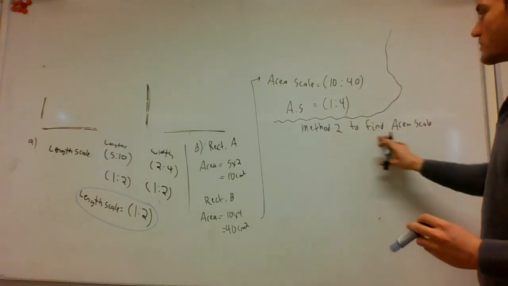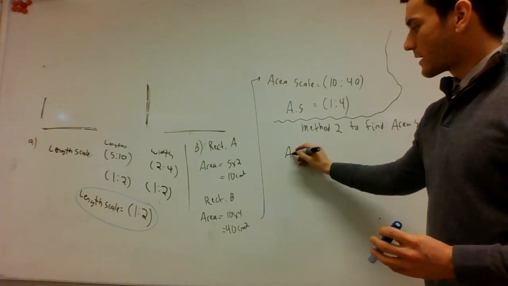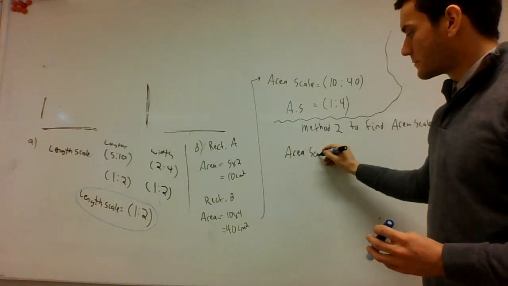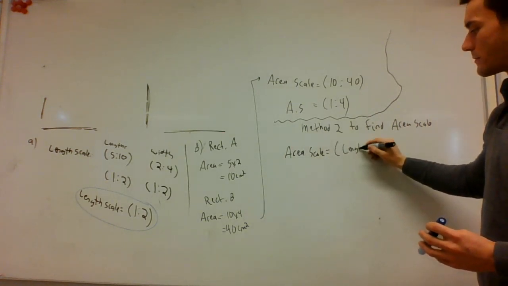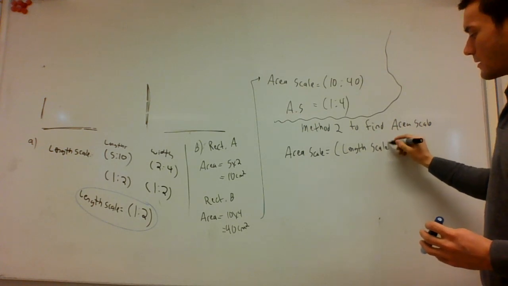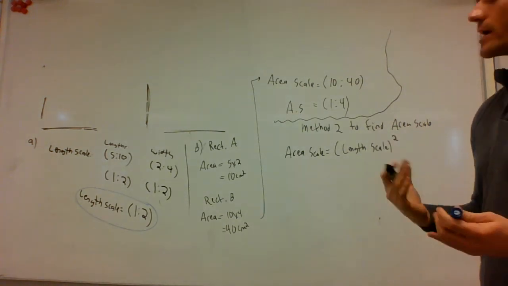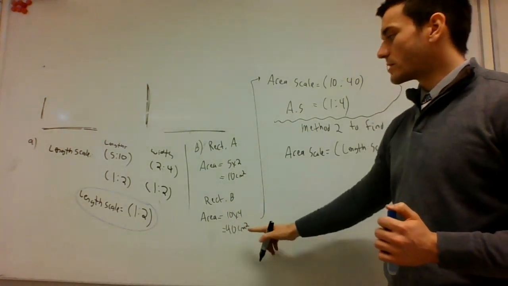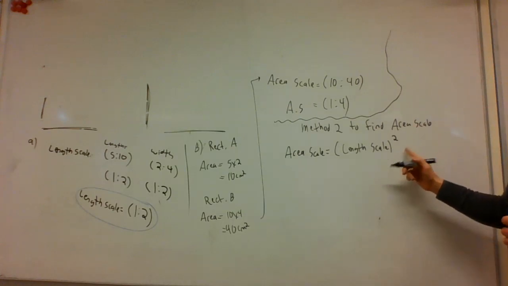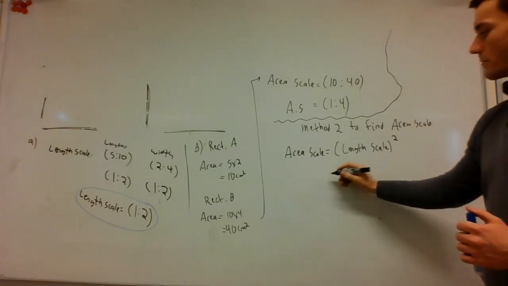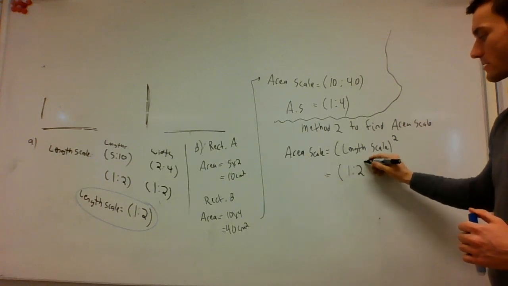Method 2 to find the area scale. At the start of the lesson, we were told area scale is equal to length scale squared. And a way to remember that, the way that kind of makes sense, is because area is squared, right? Area, we had 40 centimeters squared, 10 centimeters squared. So to find area scale, we'll also square that. My length scale, at the start, it was a 1 to 2 ratio for my length scale.